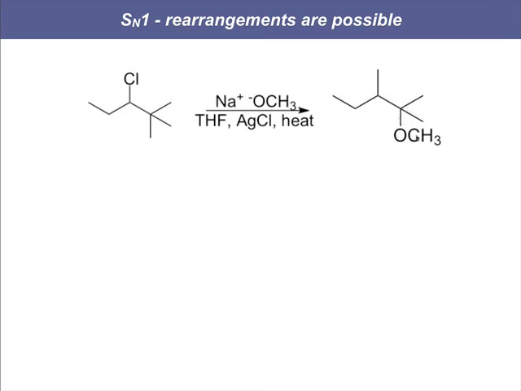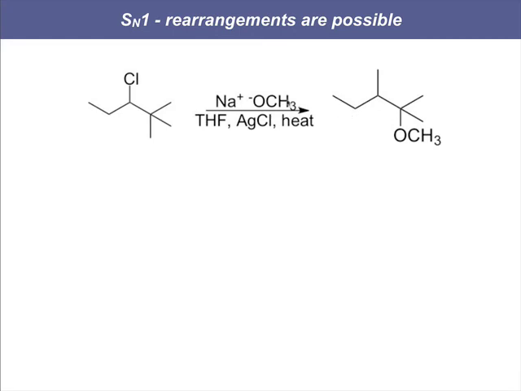Notice that the nucleophile, our OCH3 group, has gone on to a carbon that did not bear the chlorine. That's impossible if this were an SN2 reaction. Remember, in an SN2 reaction, the nucleophile attacks the carbon with the leaving group and the leaving group goes off. So in an SN2 reaction, the nucleophile will always be on the carbon that had the leaving group. That's not the case here.